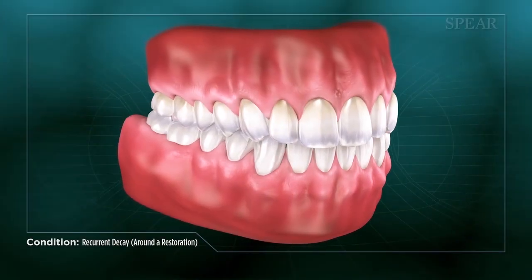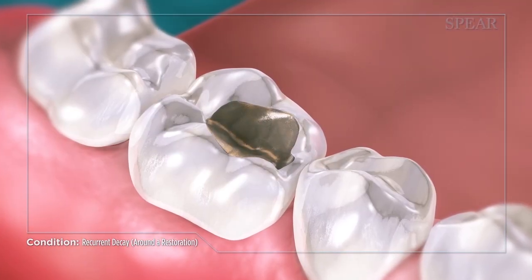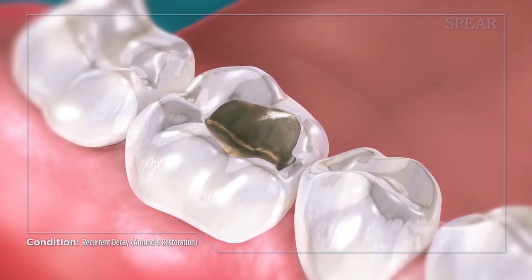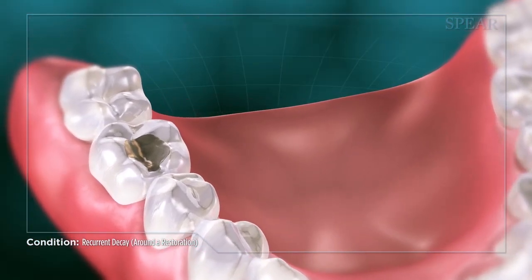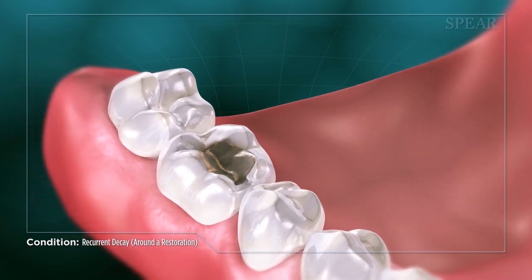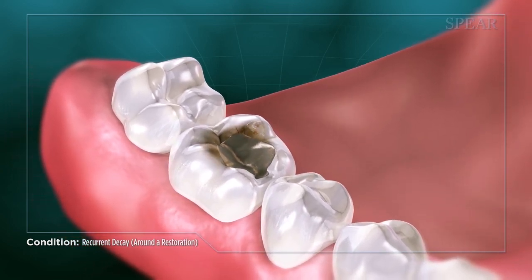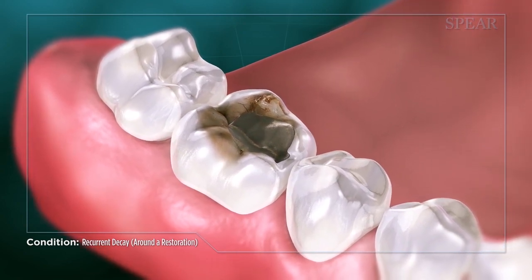Even after a tooth has been restored, sometimes decay can reappear and compromise the structure of the tooth all over again. Unfortunately, in these cases, the same process that created decay in the first place can create it again. Bacteria works its way into the areas of the tooth surrounding and supporting the filling, and the tooth begins to deteriorate as a result.